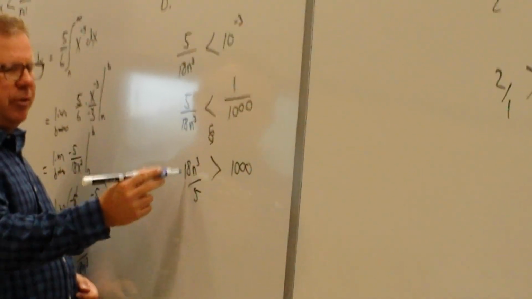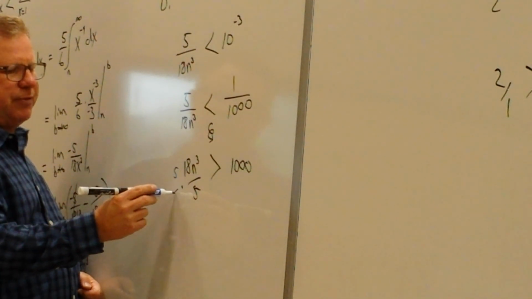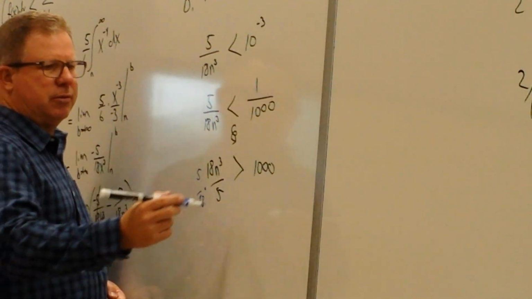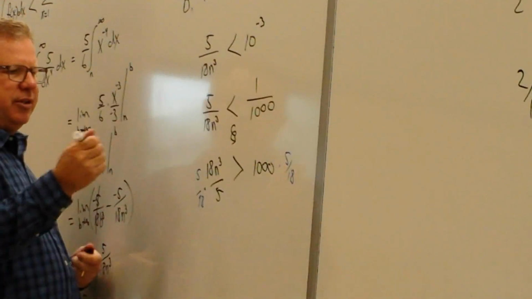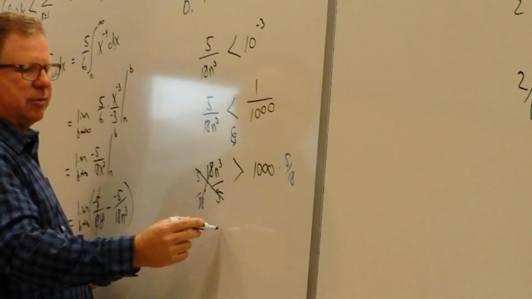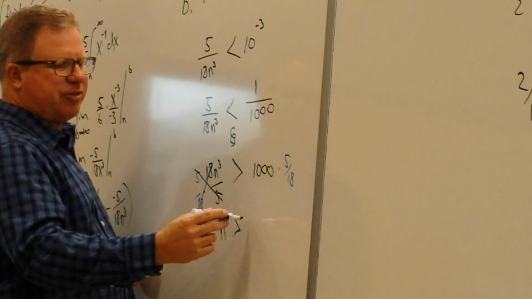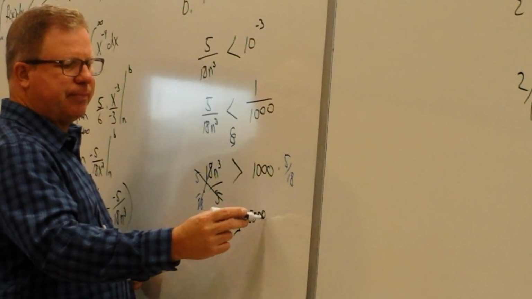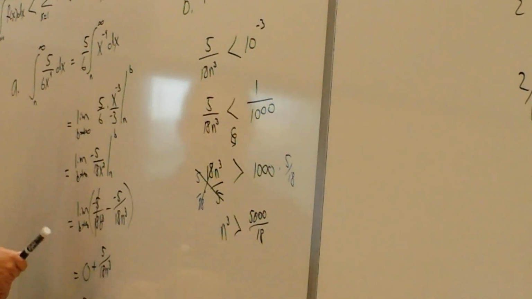Now let's multiply by the reciprocal of 18/5, 5/18, so that these all cancel out. 1,000 times 5 is 5,000. Okay? Don't worry about reducing.